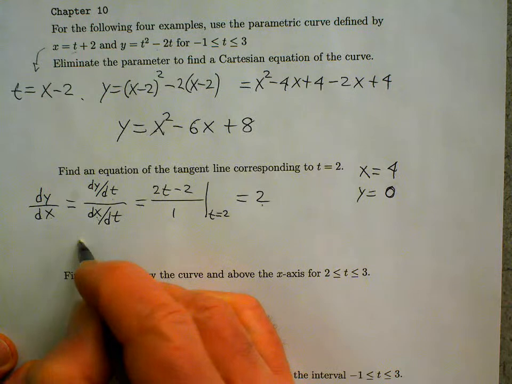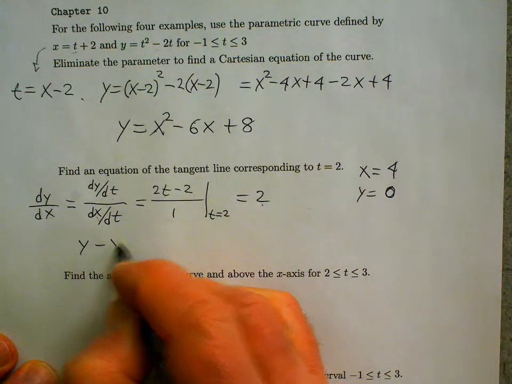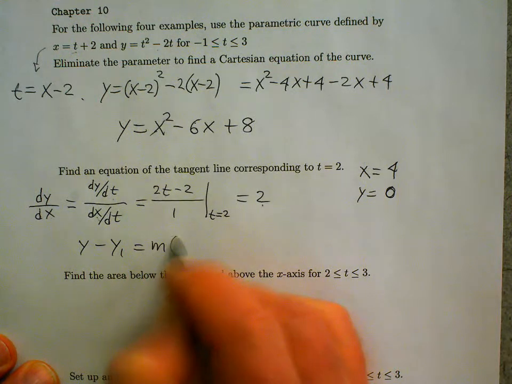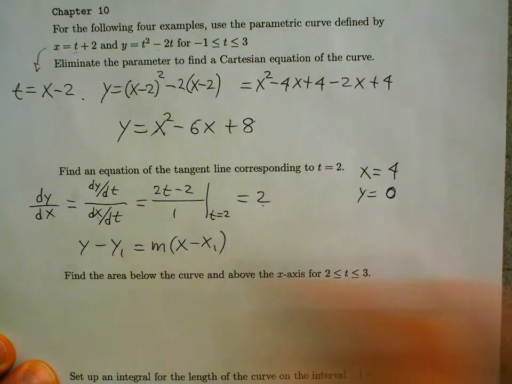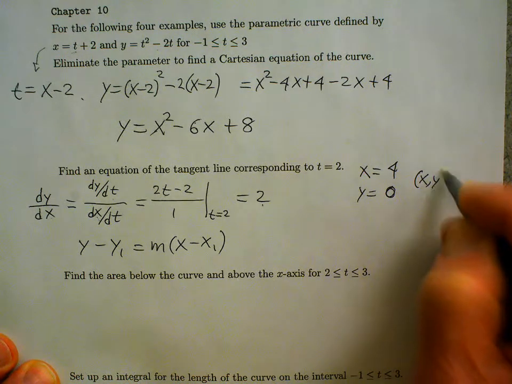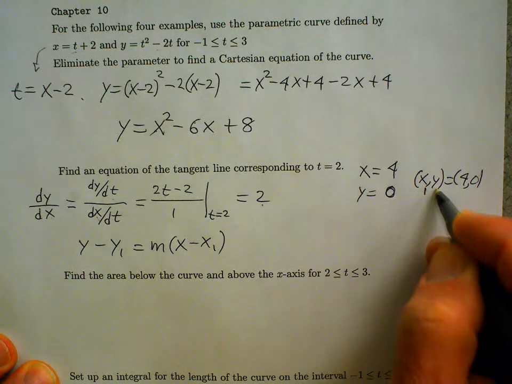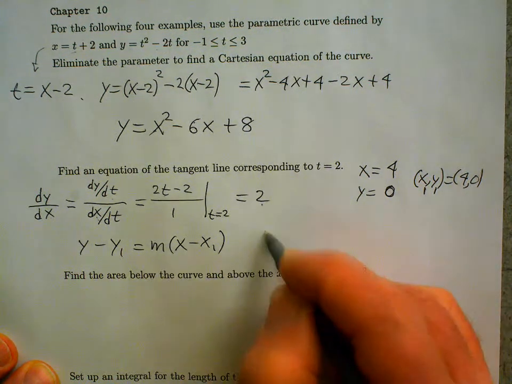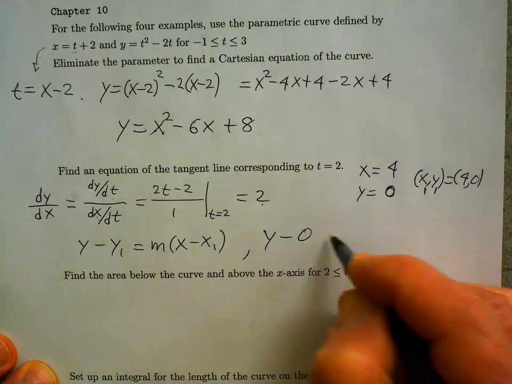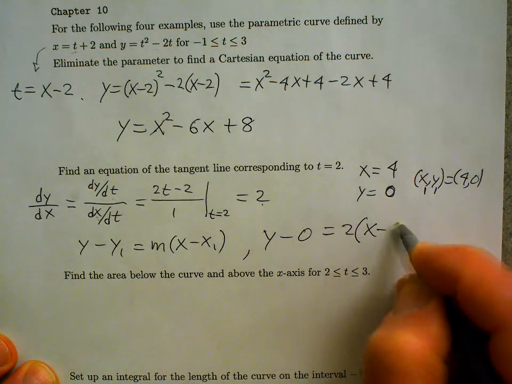So if we use the point slope form, y minus y1 equals m times x minus x1, with the ordered pair x1, y1 equals 4, 0, then we get y minus 0 equals 2 times the quantity x minus 4.